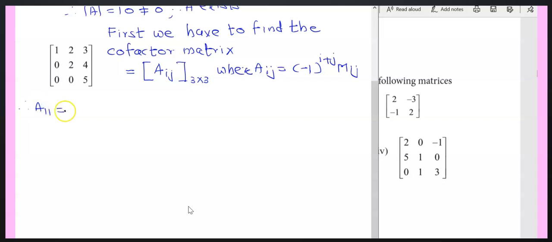Find the cofactor A11, that is minus 1 raised to 1 plus 1, and the matrix is 2 4 0 5. Then you will get 10.